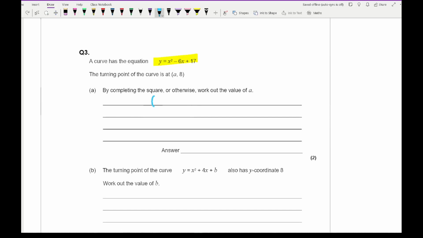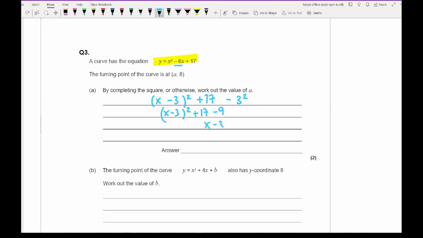So here I've got x squared minus 6x plus 17. If I divide the coefficient of x by 2, that becomes minus 3, and then take away whatever number is inside the bracket squared. So that then becomes (x - 3) squared plus 17 minus 9.